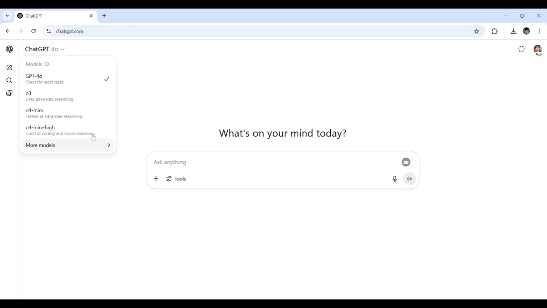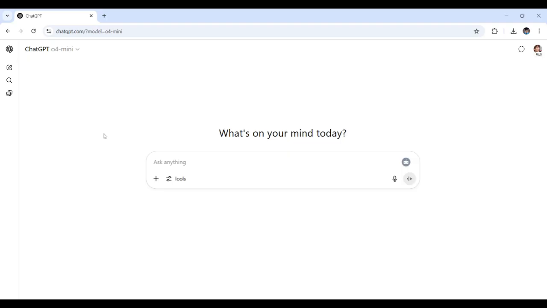A drop-down will appear with several model options from the list. Select O4 Mini right here, fastest at advanced reasoning. This comes in handy with technical tasks like math and logic. There we go, easy peasy.